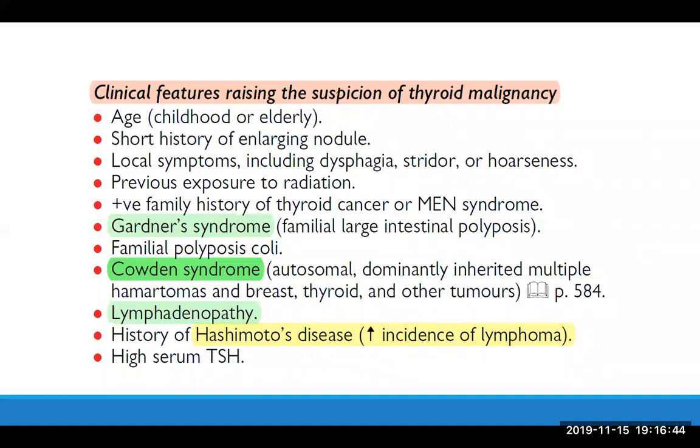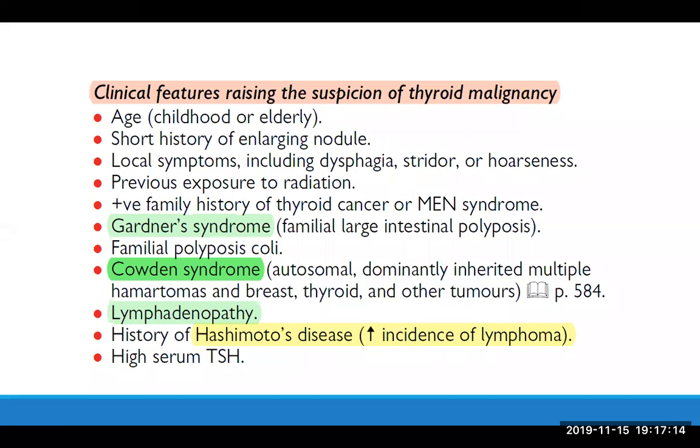But this study is not 100% accurate because a lot of the authors are surgeons. They recommend surgery, of course, and there are no randomized controlled trials showing that surgical management of Hashimoto thyroiditis is better than medical therapy with levothyroxine, even in those patients who are still complaining after normalization of TSH.